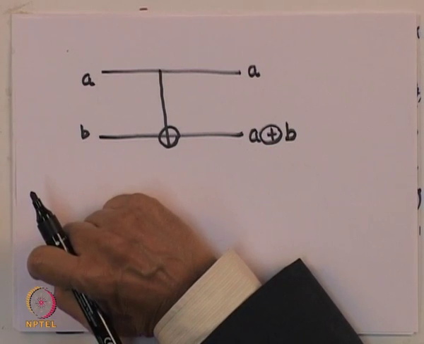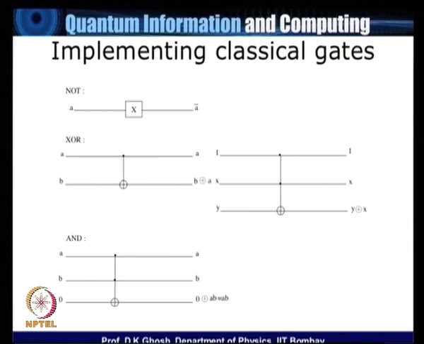Referring back to the slides again, look at the right hand side of this picture. I have given the implementation of XOR using a CCNOT gate.